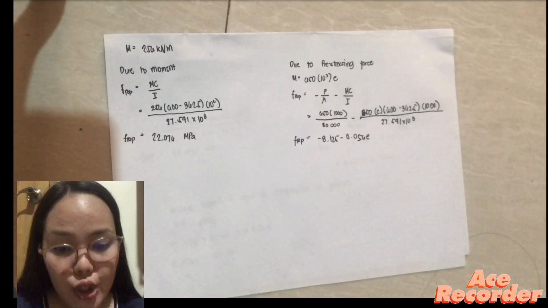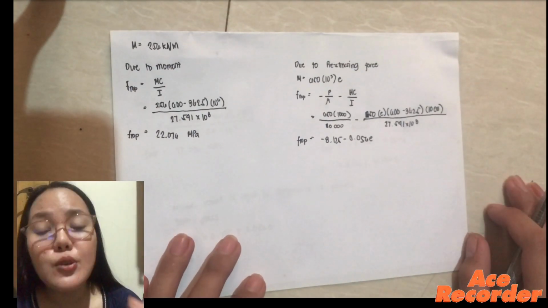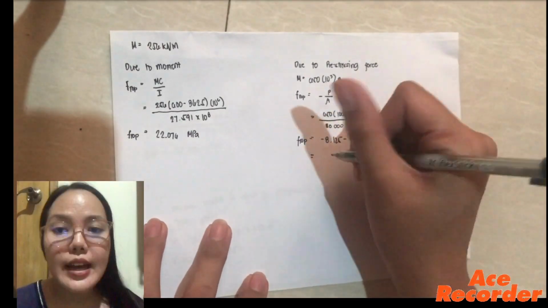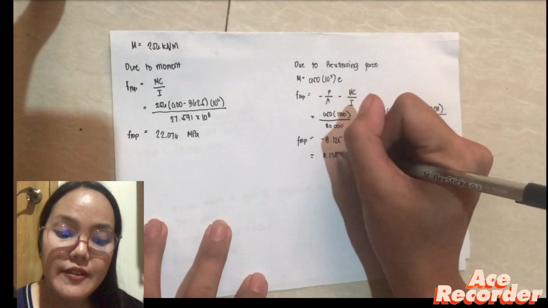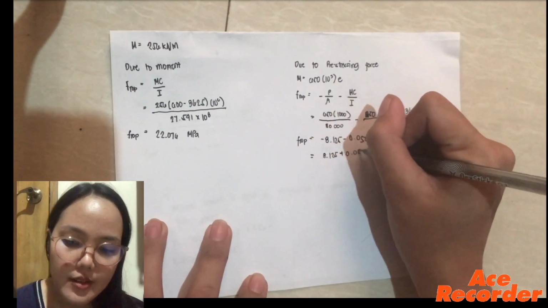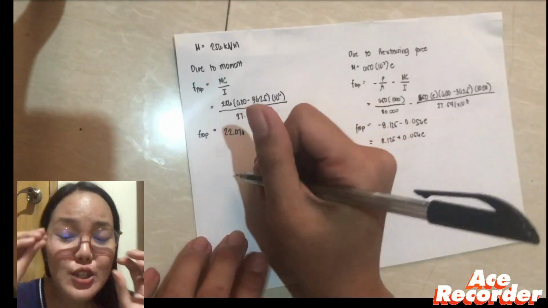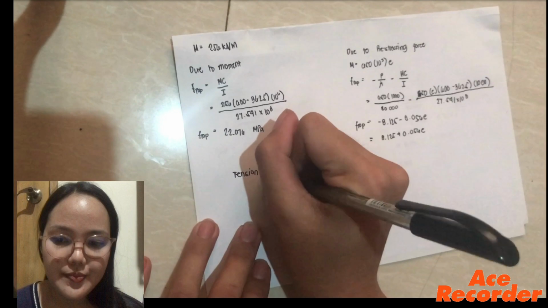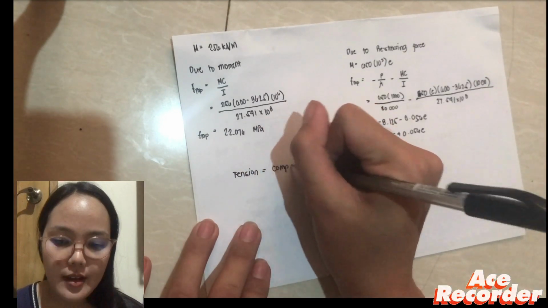Now, we will have 8.125 plus 0.056 E. Let's combine these two values to find the eccentricity.